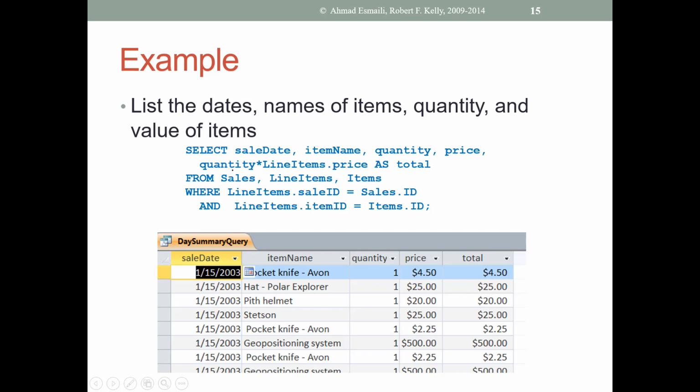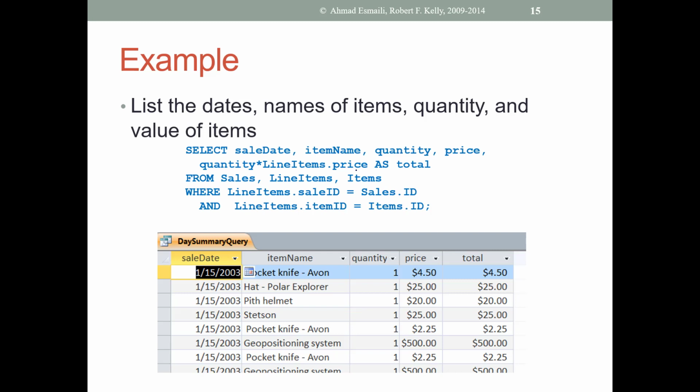Now you need to find out the value of the item. So how do we get the value of the item? Well, you'll have to multiply the quantity and the price, right? So it seems like some item is bought, we need to find out how much the sale was for a particular item in a particular sale.